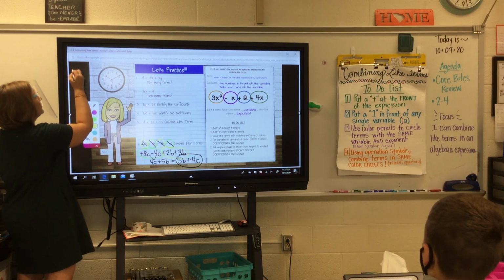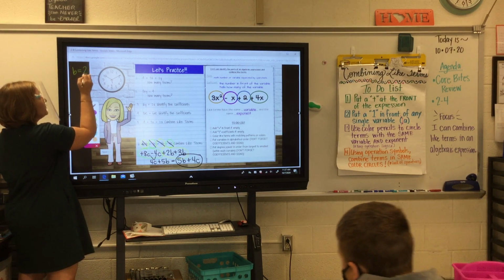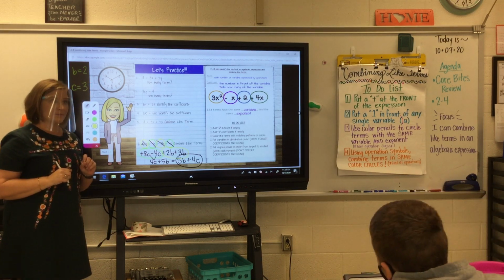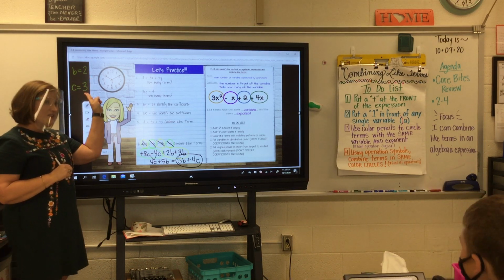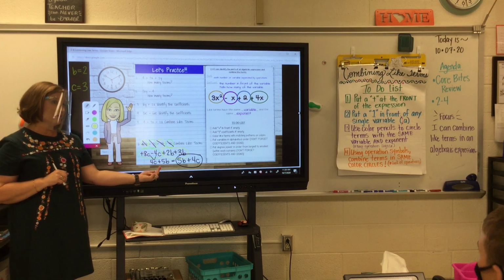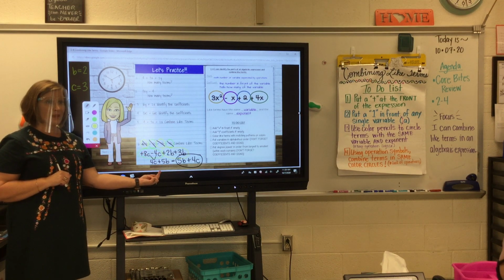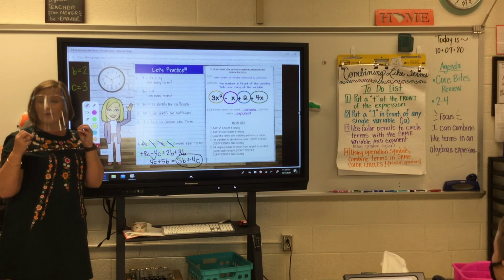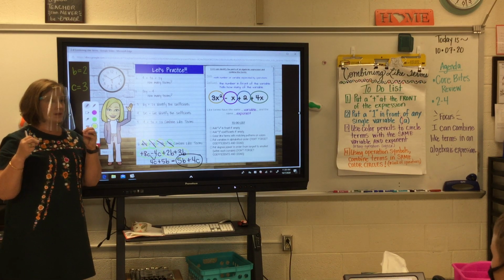Because if I tell you that B equals 2 and C equals 3, and if they equal something different, can I put them together? No. Okay? That's tricky, all right? And that's a great question, Ava, all right?